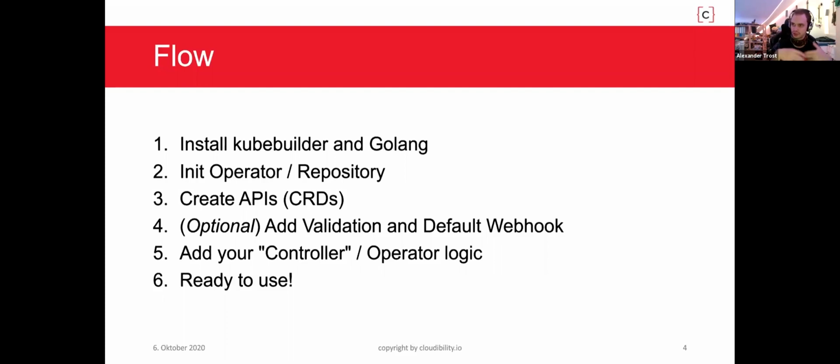We're going to do this just to have a whole example, which is adding validation and a way to set defaults for those objects. And the fifth, we're probably not going to do in this webinar, is adding your controller or operator logic for your created APIs and CRDs as Go code. And from there on, it's ready to use.